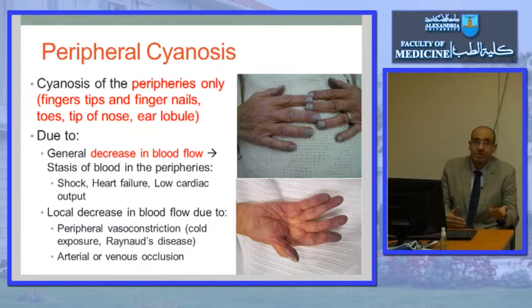But when there is decreased blood flow, there is a stagnation of blood and of deoxygenated blood, which will cause peripheral cyanosis.